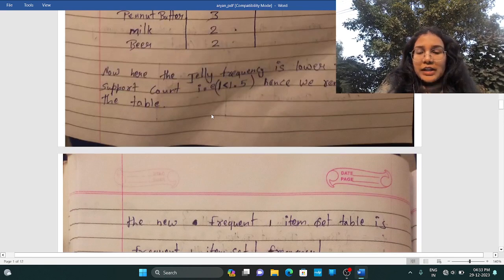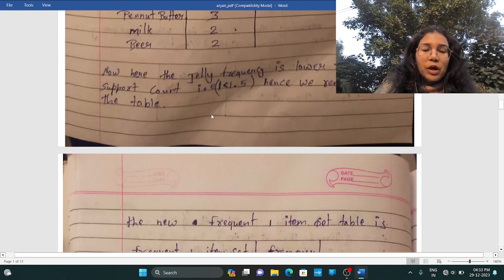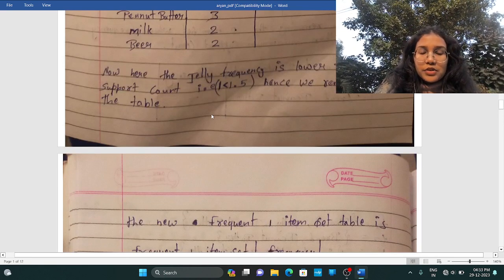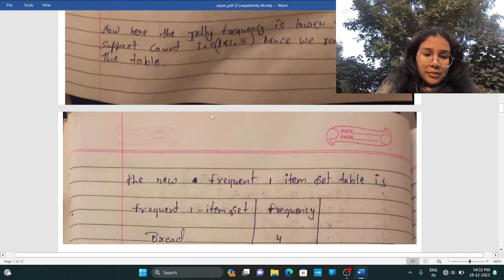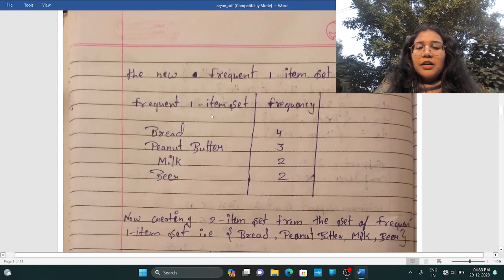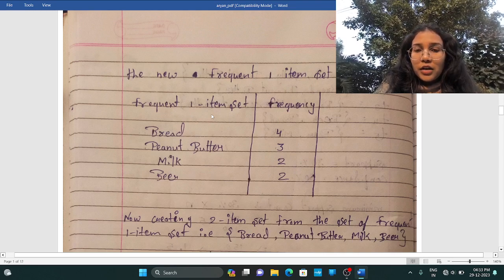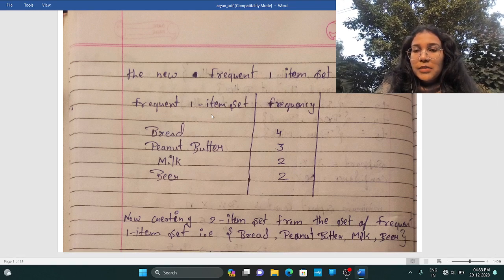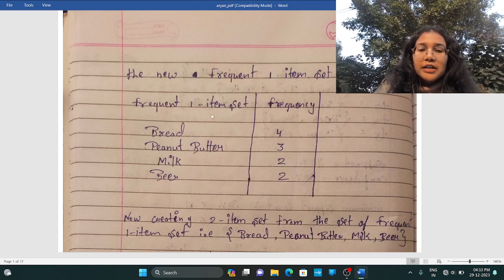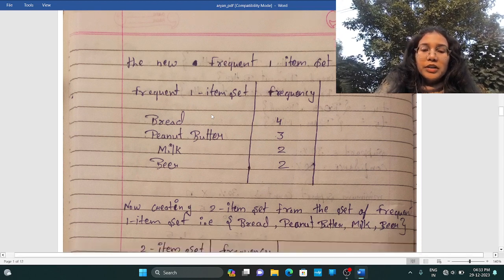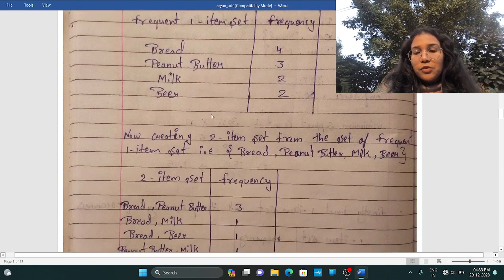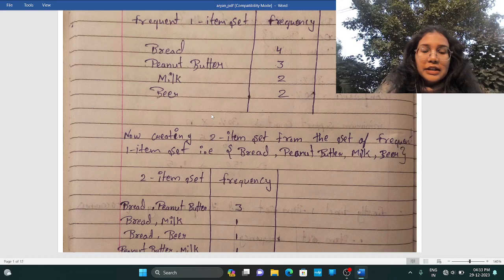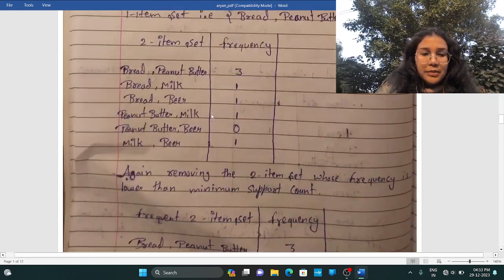Here the jelly frequency, which is 1, is lower than the minimum support count of 1.5, hence we remove it from the table. The new frequent one item set table is: bread, peanut butter, milk, beer with frequencies 4, 3, 2, 2. Now creating two item sets from the frequent item sets: bread, peanut butter, milk and beer.